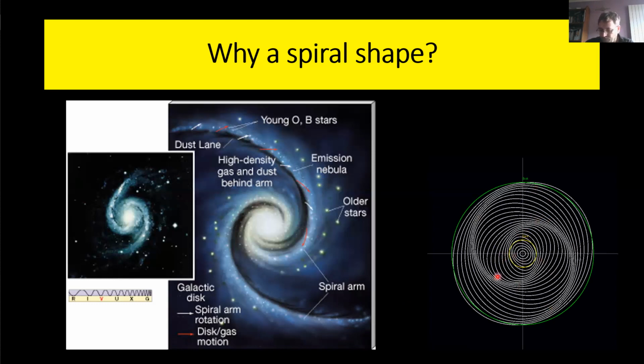But why do they often have a bulge? Why do they occasionally even have this structure that is basically almost like a linear bar before the spiral arms start? It might also be that galaxies are often clustered together.